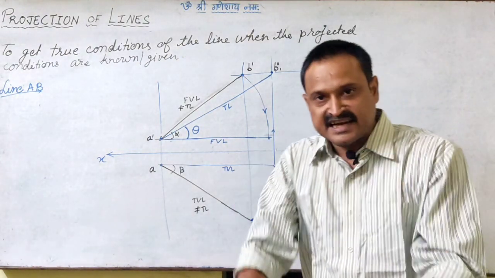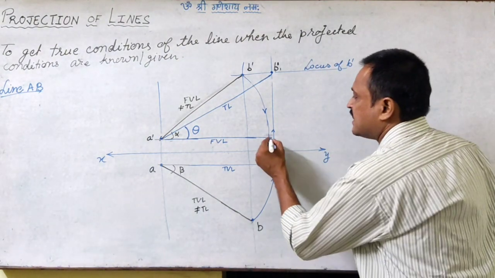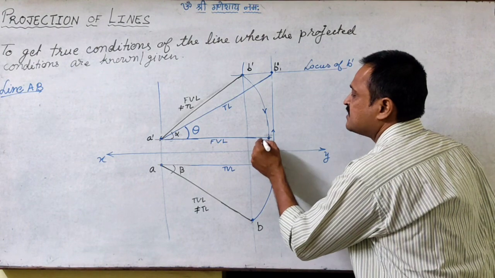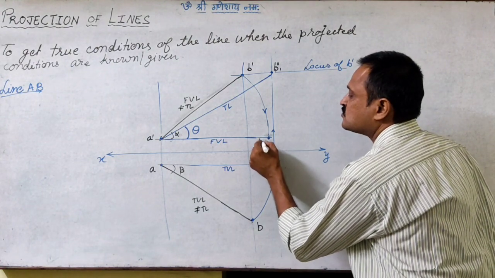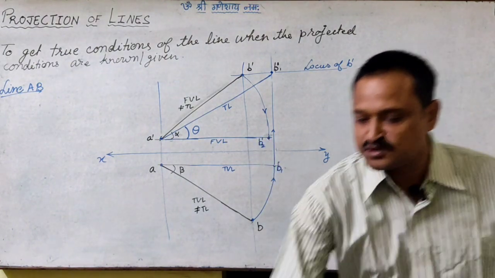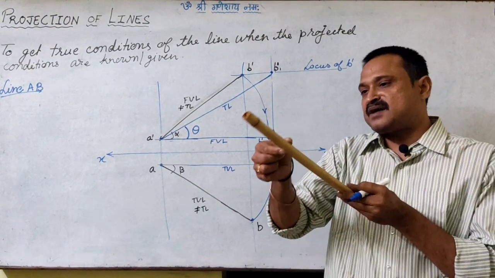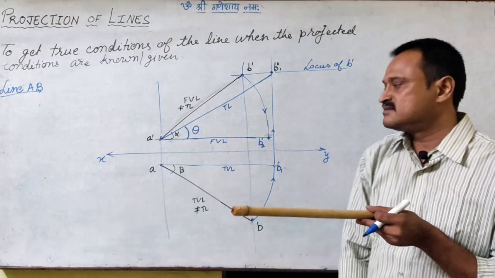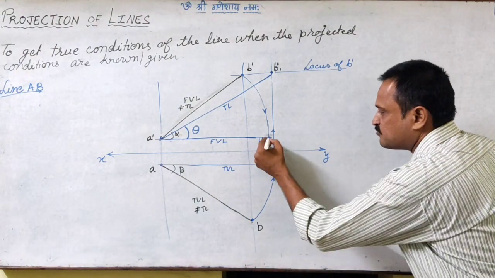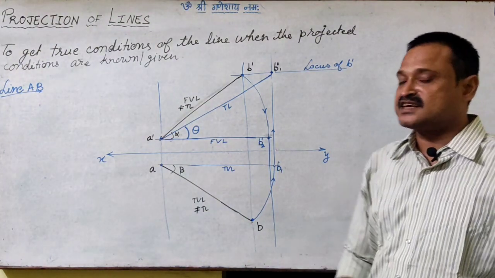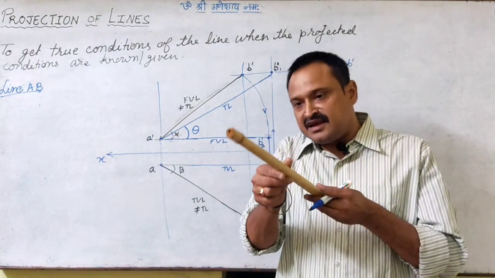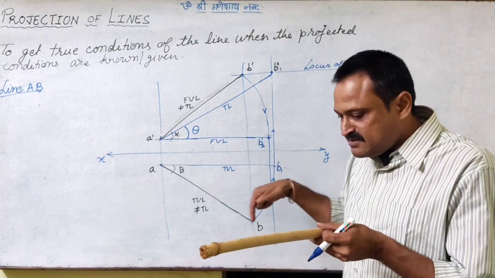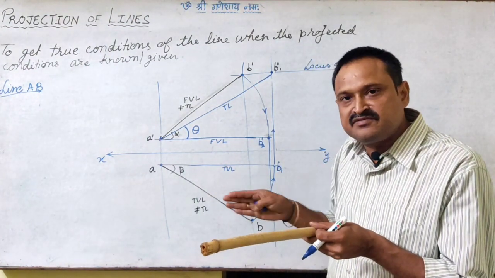Now say this is the second condition I am putting, so I'll name this point B2 dash. So we have made it parallel to HP. Now I drop the projector in this condition. Again, when I am making it parallel to HP, I am not changing its relation with the VP.